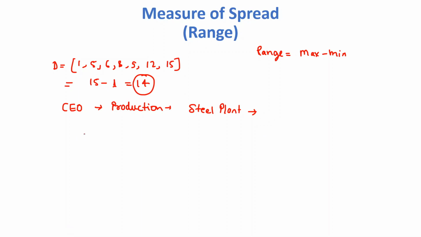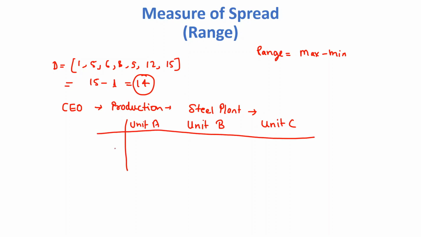So you have 3 units of steel plant, unit A, unit B and unit C. You want to know whether they are performing in a consistent or inconsistent manner. So how can you know that?